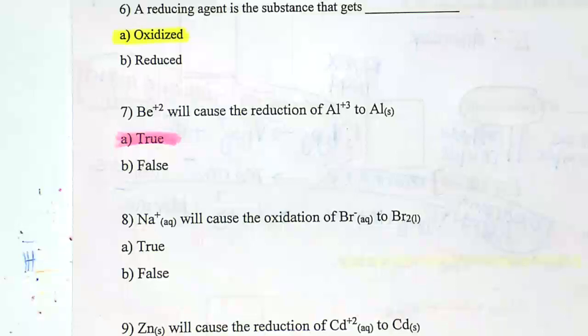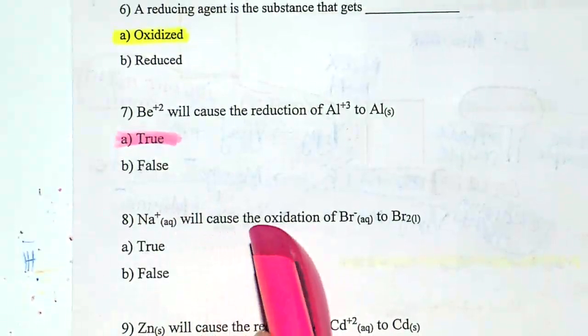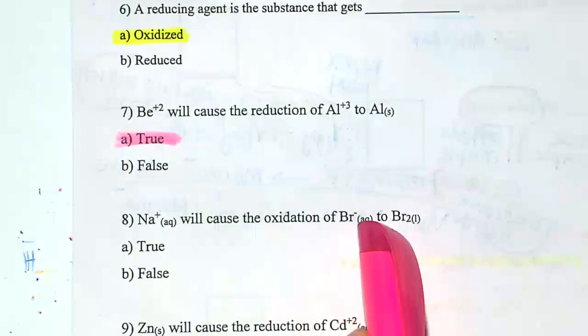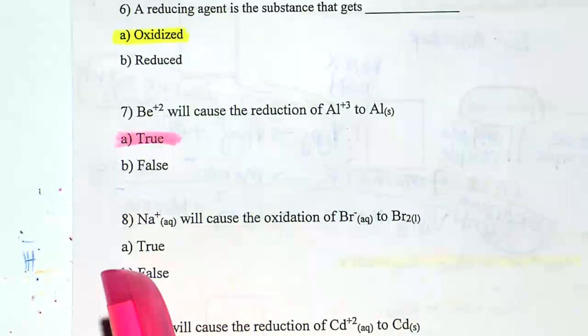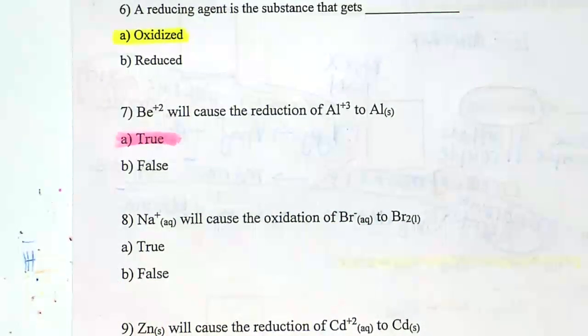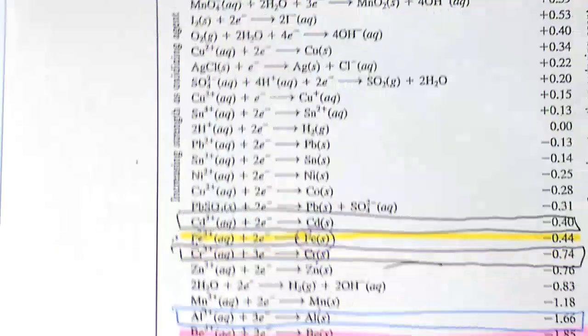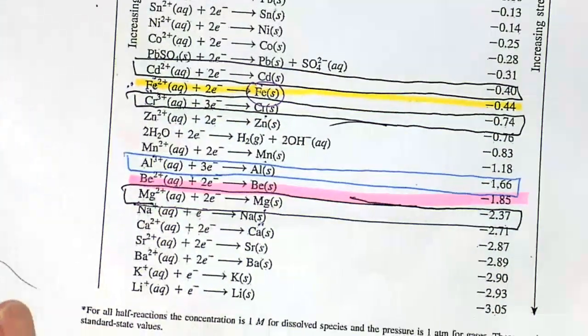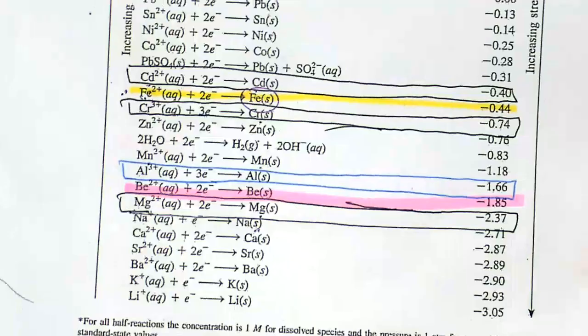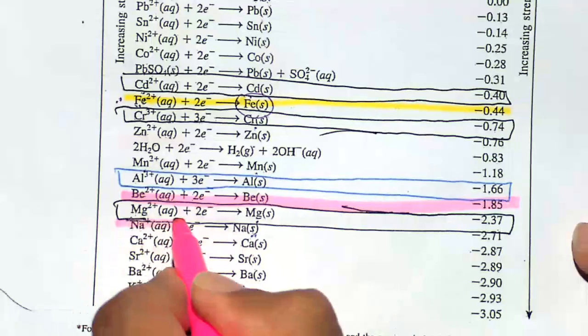So just be careful, that's all. Na plus will cause the oxidation of Br minus to Br2. So where's Na plus? Here's Na plus.